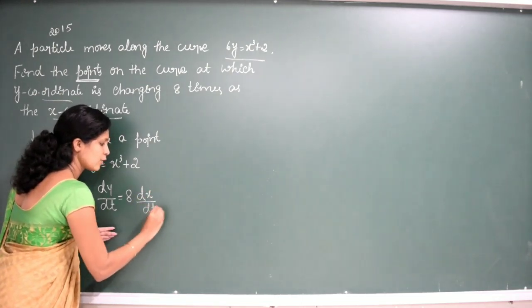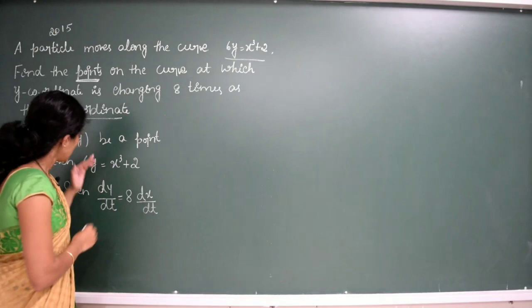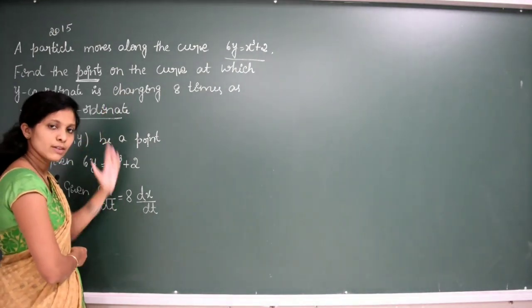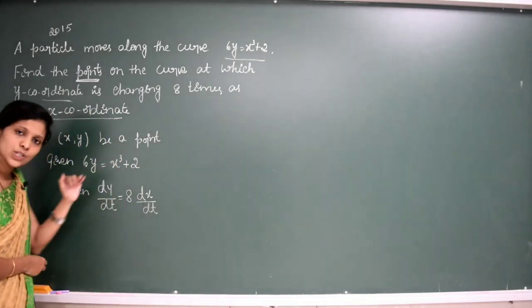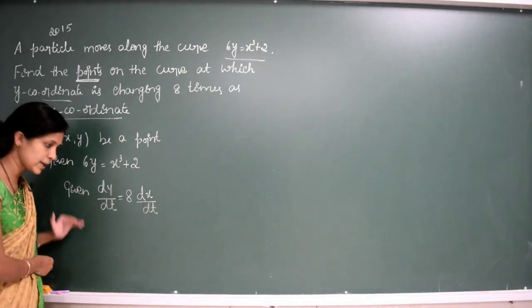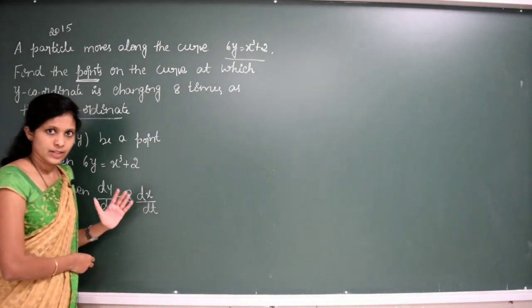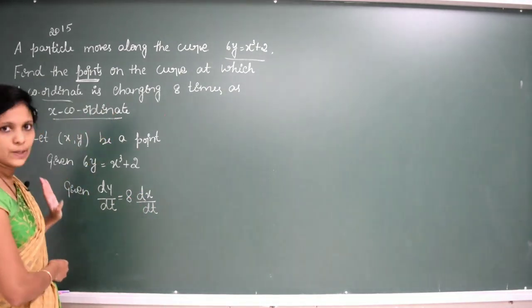Is it clear? First we have considered the point as the ordered pair (x, y), and the curve is given. One more thing is given: rate of change of y with respect to time t will be 8 times the rate of change of x with respect to t. Right? Now our work is to find the values of x and y.